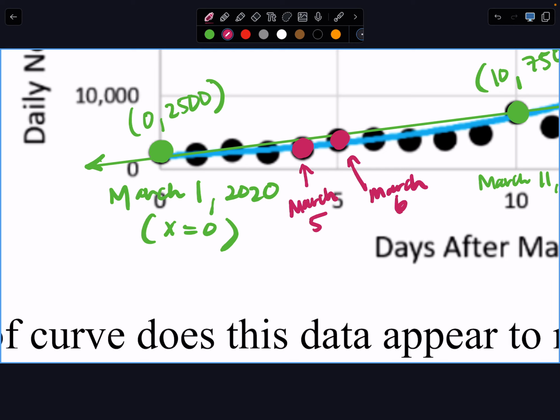So, if we were to use the equation of the secant line to make predictions of what the number of new COVID-19 cases was on March 5th or March 6th, do we think that our secant line would give us approximations that are overestimates or underestimates? Overestimates, because the secant line lies above the data.